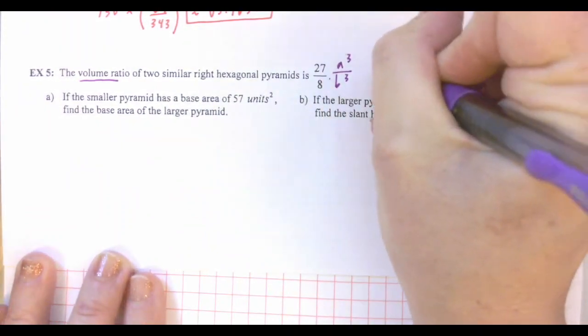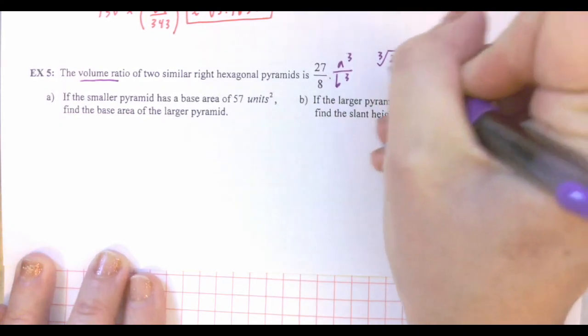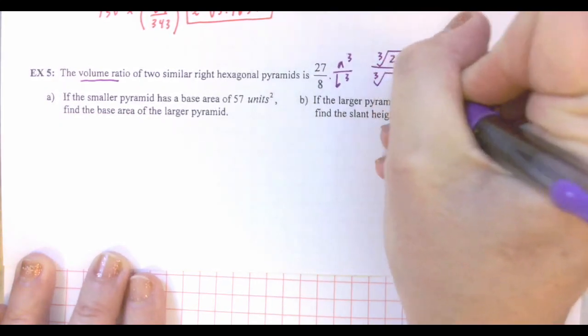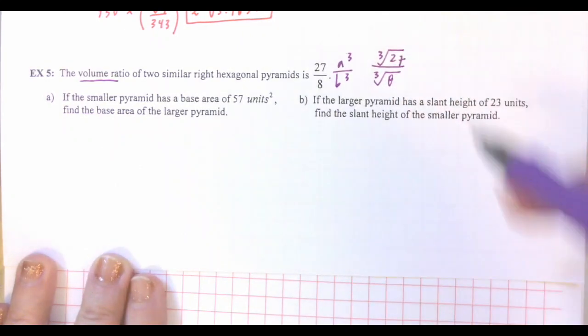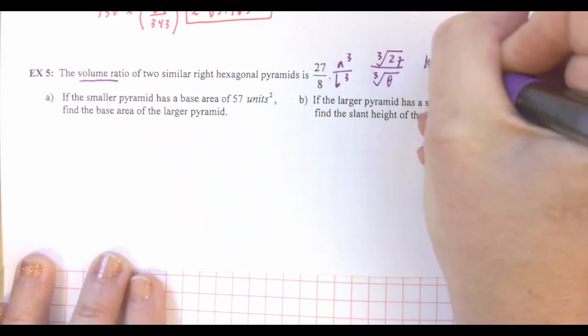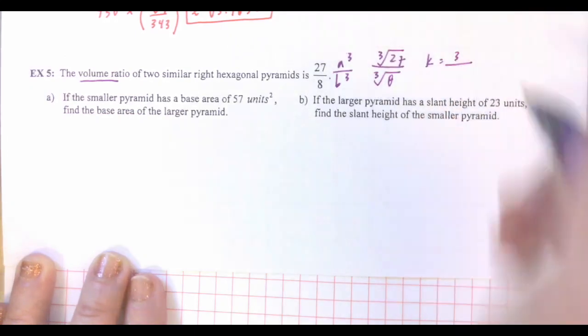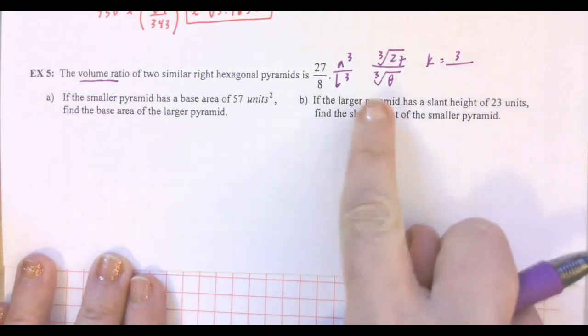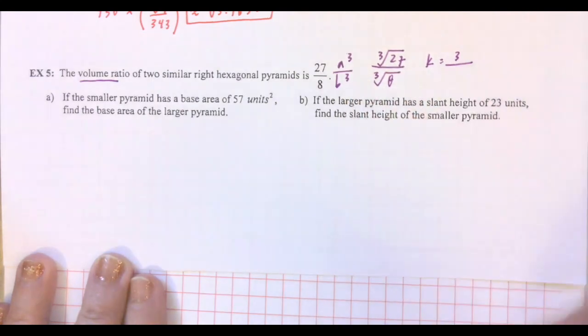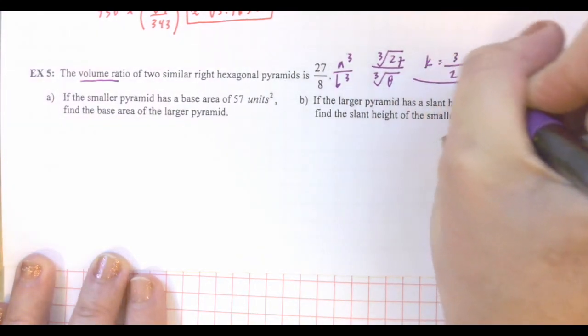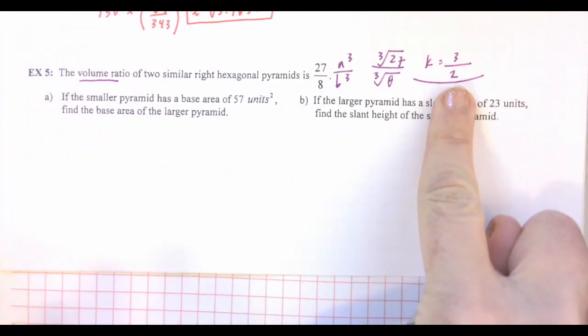So I'm looking at the cube root of 27 to the cube root of 8. So 27 is 3 times 3 times 3. So that means I'm looking for 3 of the same. And then 8 is 2 times 2 times 2. So the cube root of 8 ends up being 2. So I can see that my original scale factor is 3:2.